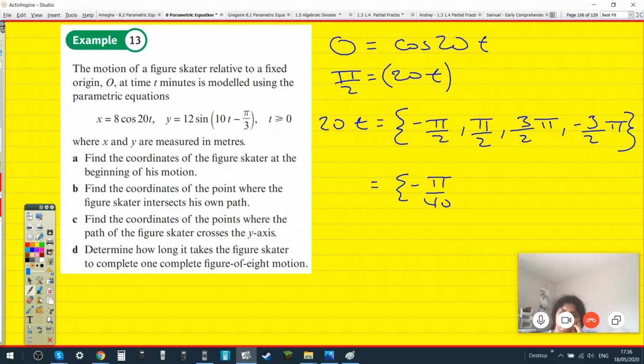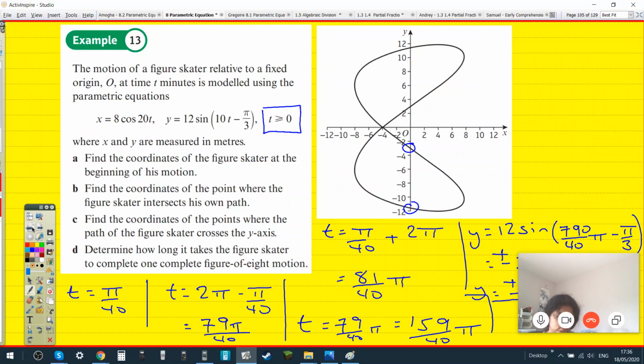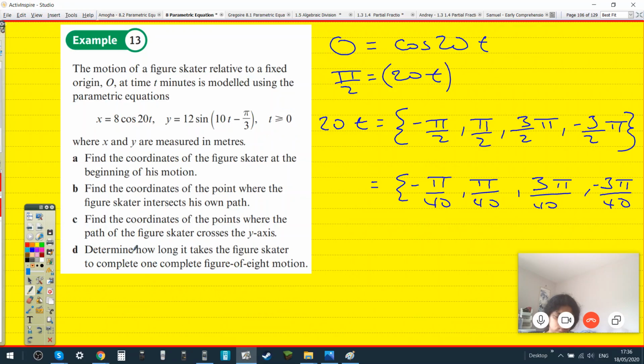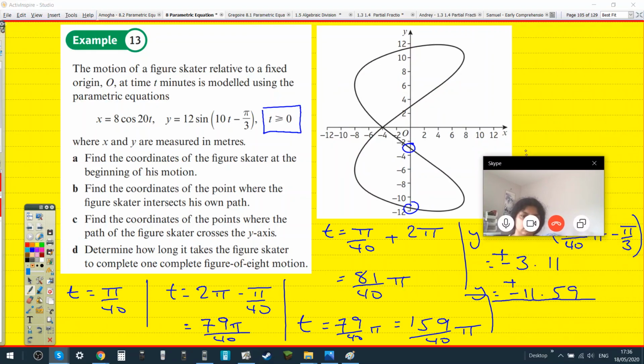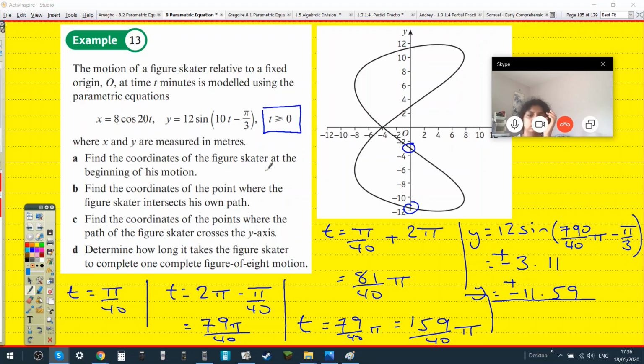Minus pi over 40, positive pi over 40, 3 pi over 40, minus 3 pi over 40. Try subbing in 3 pi over 40 into y. 11.59. So that's the positive one.